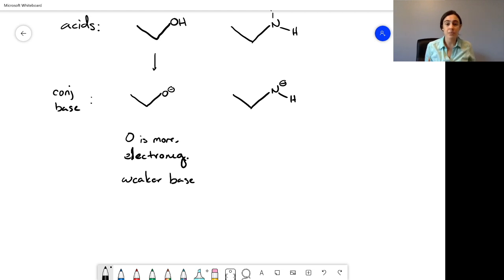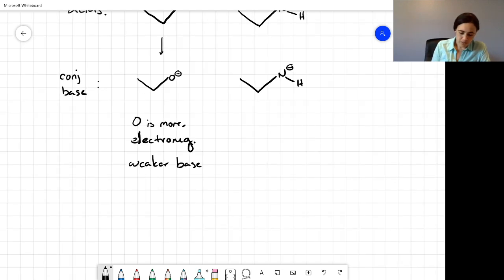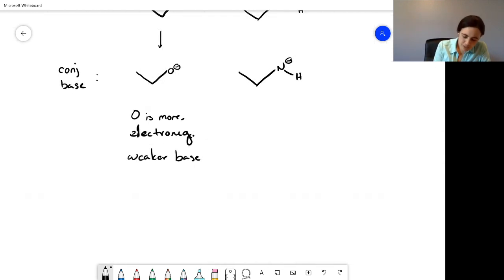Whereas the nitrogen's like, please, I want to share these electrons. I don't have the electronegativity to just hold on to this lone pair and be cool with it. So give me a proton. Right, so that would make this a weaker base. This is going to be a stronger base. What that means is this nitrogen wants the proton more.